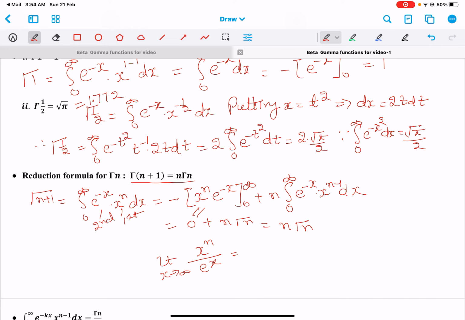This may be reduced to n into x to the power n minus 1 upon e to the power x, limit x tending to infinity, by L'Hopital's rule. Similarly, moving in this way, finally I'll get the limit x tending to infinity of 1 upon e to the power x, which is 1 by infinity, equivalent to 0. Hence we can say that gamma of n plus 1 is nothing but n gamma n.